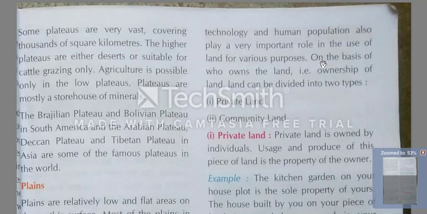Clear? On the basis of who owns the land, this is ownership of land. Land can be divided into two types on the basis of who owns the land, who has the power to work on that land.